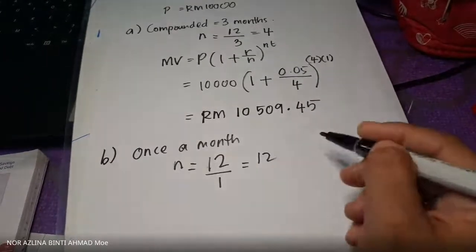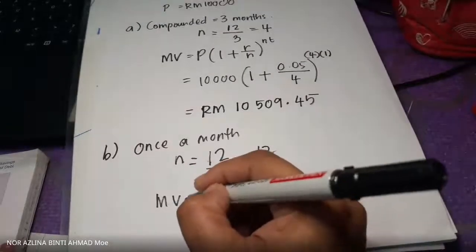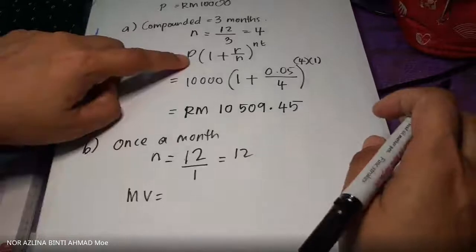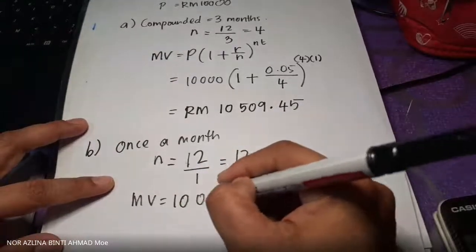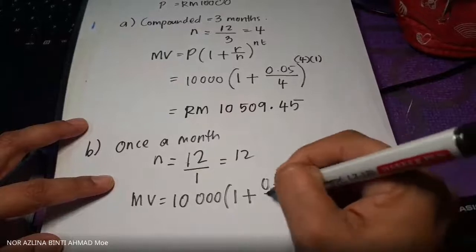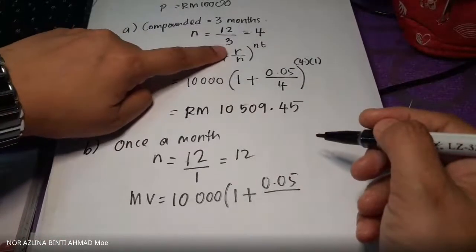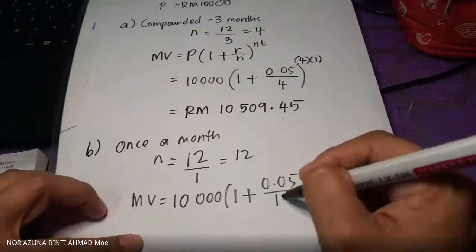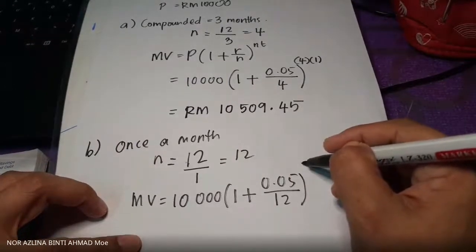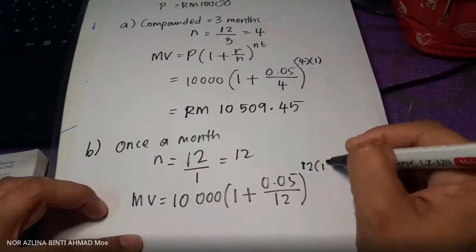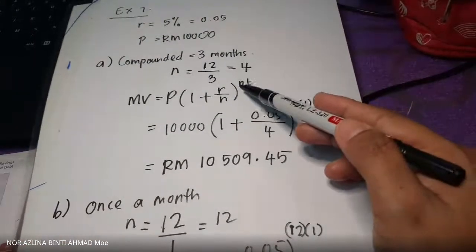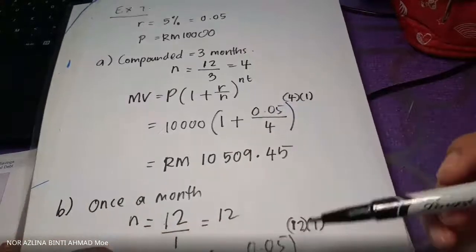So the answer is 12. So MV equals P. We substitute into the formula. P is 10,000. 1 plus 0.05 over, R is 0.05, N is 12. Power of NT, so 12 multiply 1. The formula is NT. So N is 12, T is 1 year.